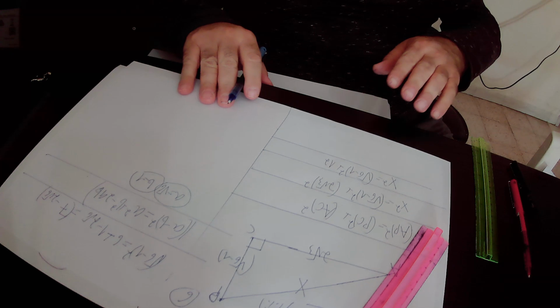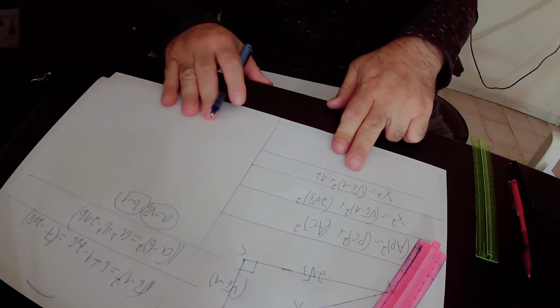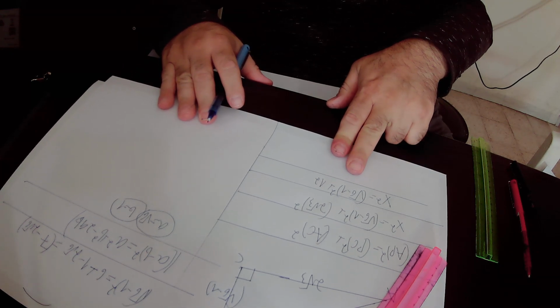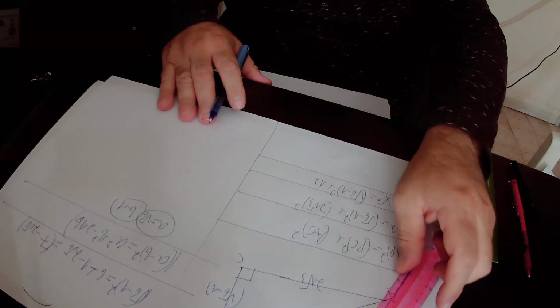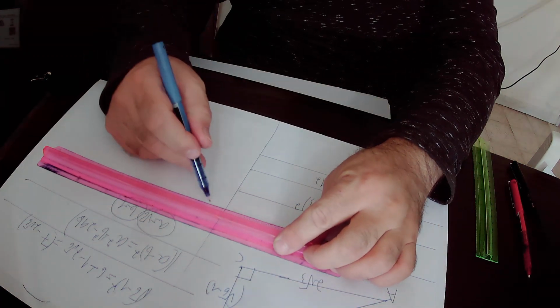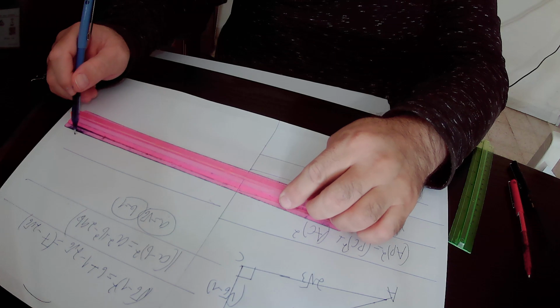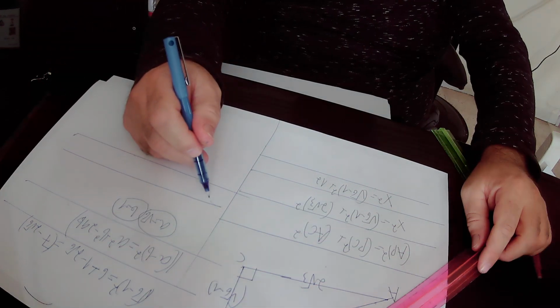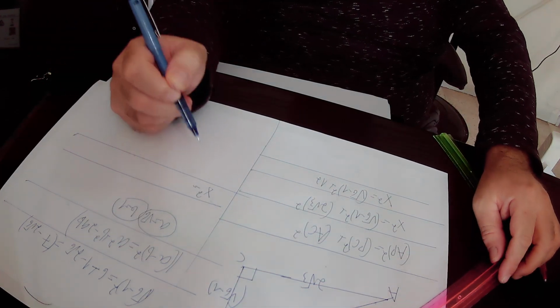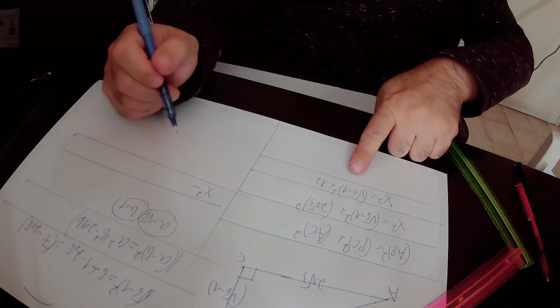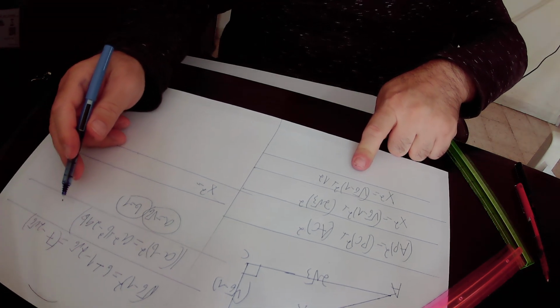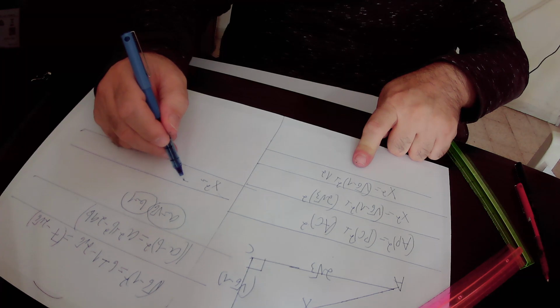Therefore, we can substitute square root of 6 minus 1 squared in this equation by 7 minus 2 times square root of 6.